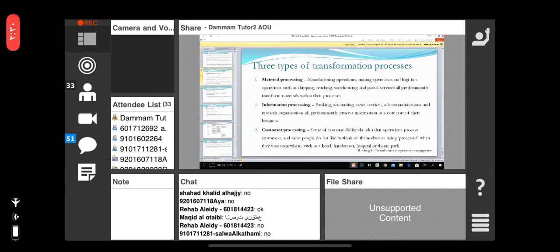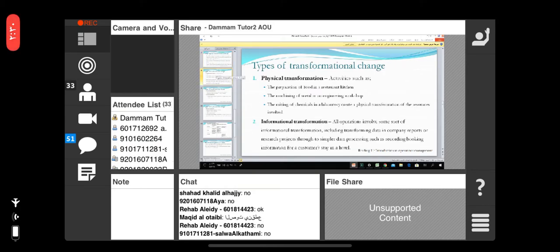The second type we call transformational change. We know what the transformation process is, the three types. In the other factors in operation management we have something we call transformational change, which comprises 6 factors.